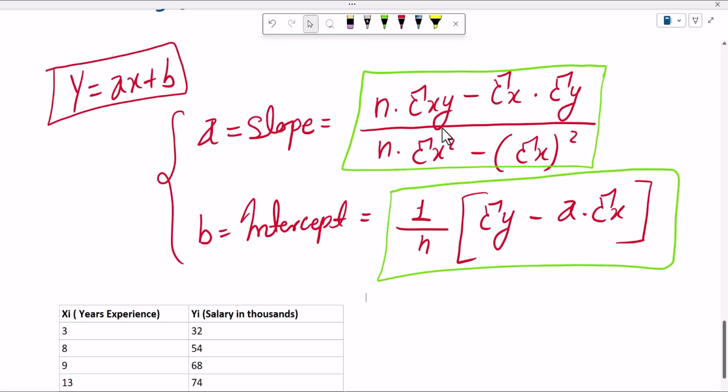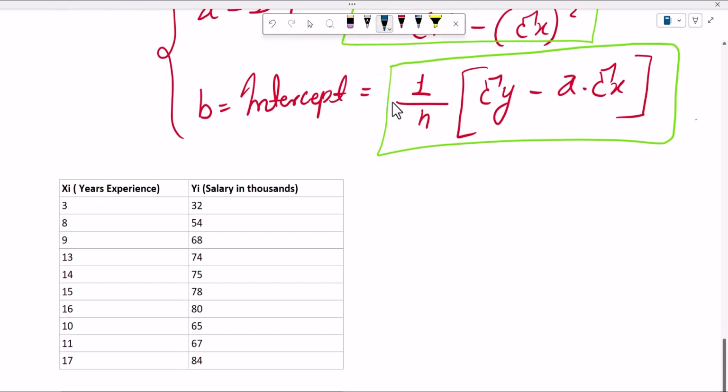On the basis of these formulas, we need to calculate x, y and x square. Here we write it down as it is from the question. This is the x and this is the y, and you also need to calculate x into y. This is the column, and we also need to calculate x square.